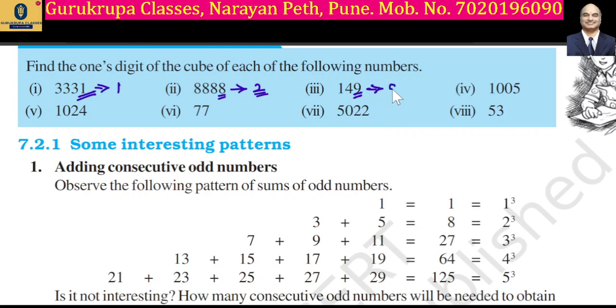So the cube of 149 also has 9 as its ones digit.